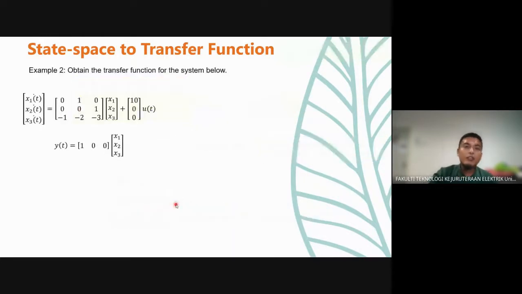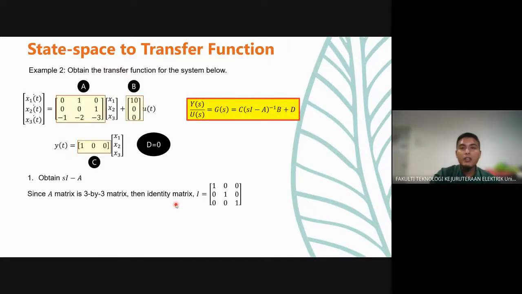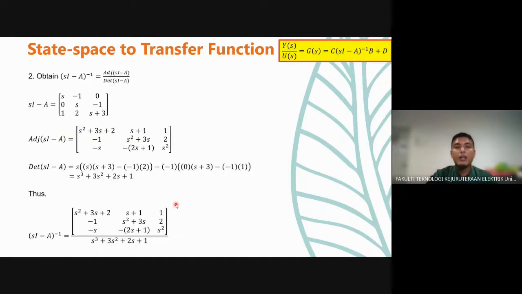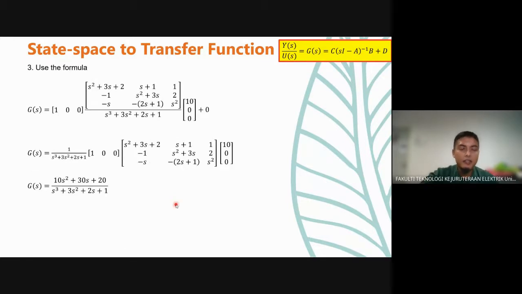After that, we go to the second example for the 3 by 3 matrix, using the same formula, until we get the transfer function. This is the final transfer function.